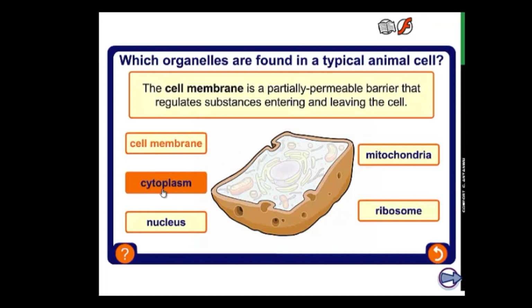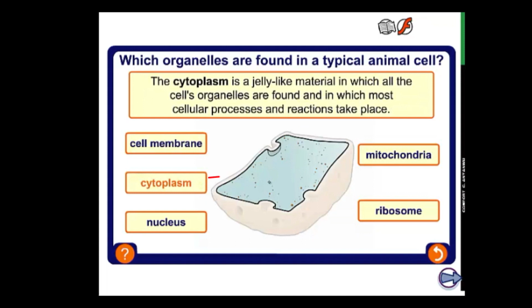If we look at the cytoplasm, which is inside, the cytoplasm is like a jelly-like material. For example, the closest I can explain to you, if you are conversant with ogi or akamo, that is how the cytoplasm looks like. This is where all the organelles are found, and this is where all the cellular activities take place.